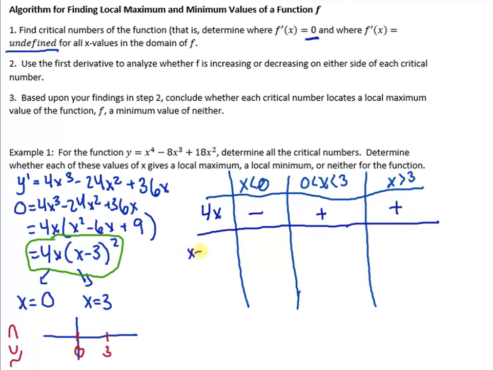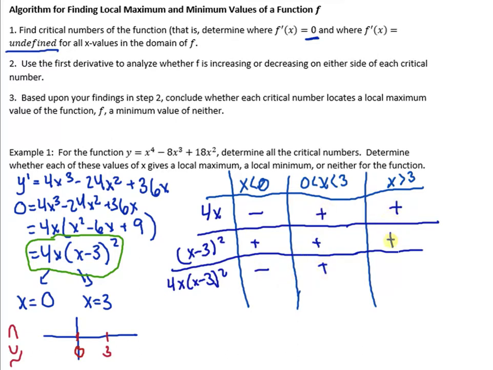Now let's go x minus 3 squared. Well, without even subbing these numbers and subtracting 3, anything squared is going to give us positive. Okay, therefore, so the entire graph, a negative and a positive will be negative, positive, positive.